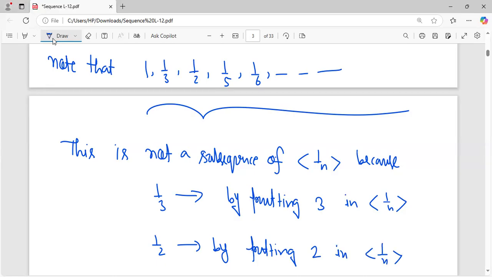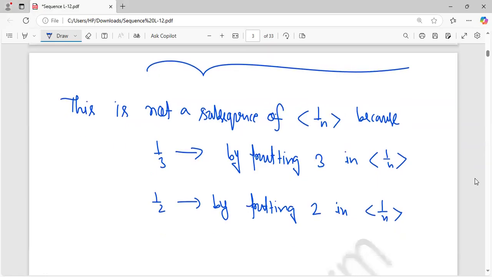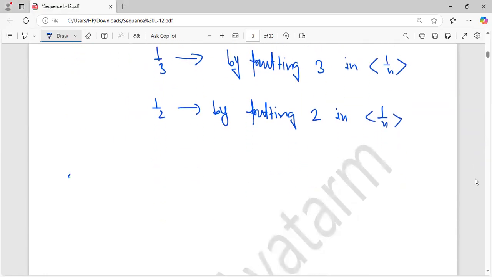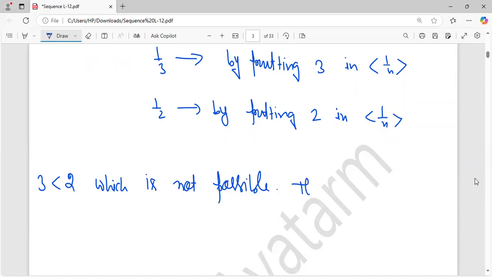But 1 by 3 comes before 1 by 2, so this would need 2 to be greater than 3 by the definition of subsequence, which is not possible. That is why this is not a subsequence.